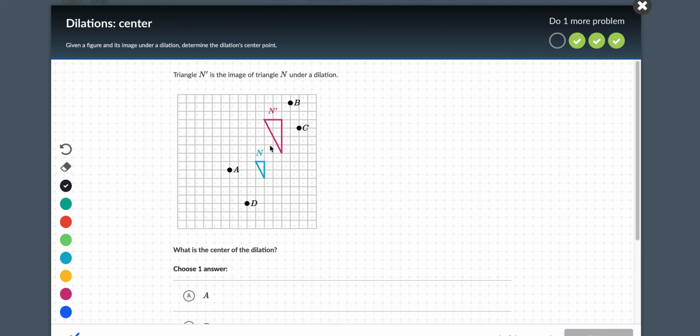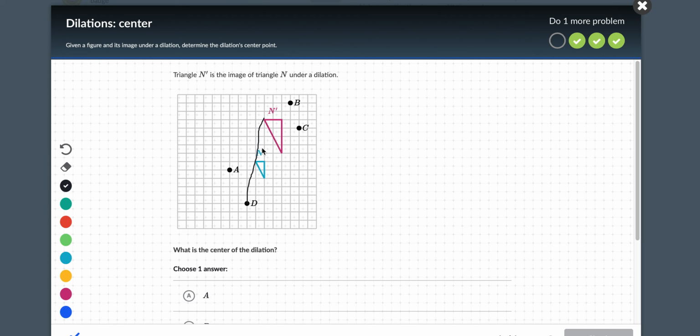Okay, so triangle N prime is the image of triangle N under a dilation. So again, we're getting lucky here. Pretty much all you really have to do is draw a straight line between any of the 2 points and look for where that straight line intersects with one of the candidates for the center of dilation.